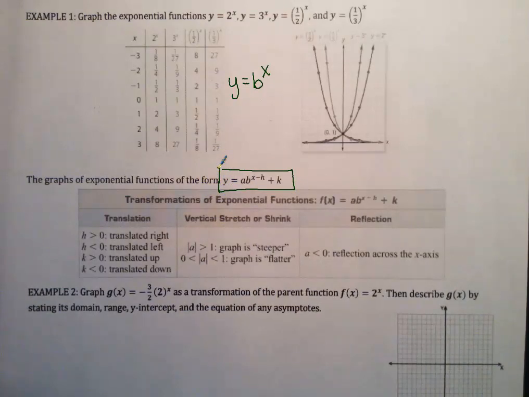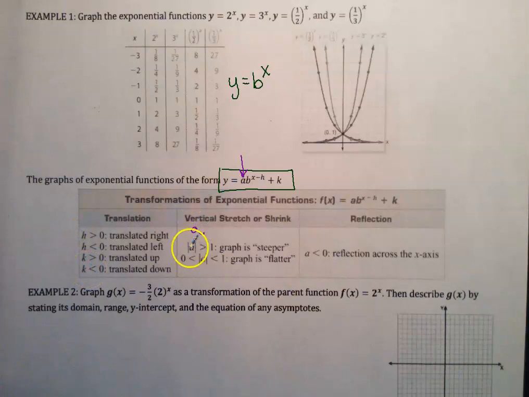So how is this equation different than the first equation? What are some other things to it? Okay, there's an a. Let's look down here and find our a. We have h's, k's. Here are our a's.